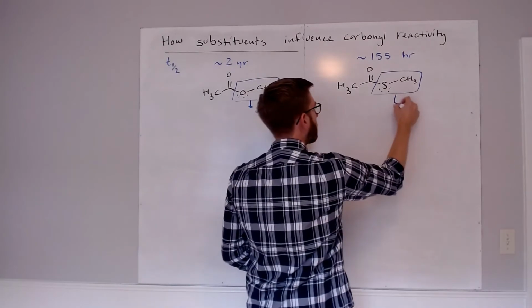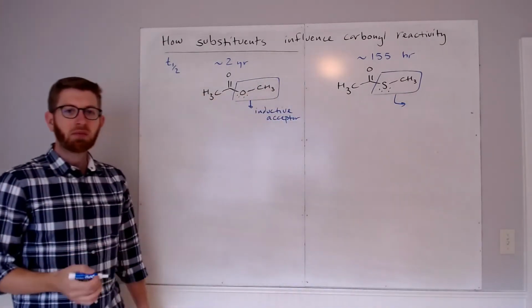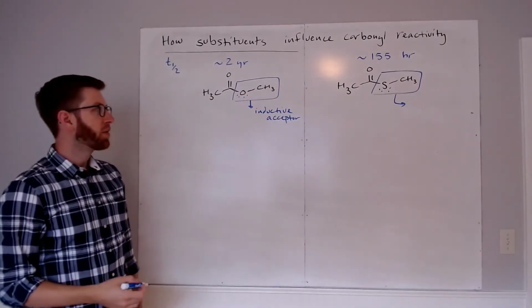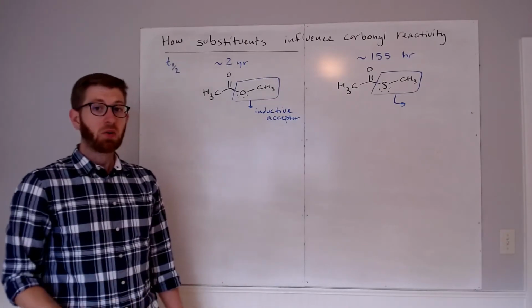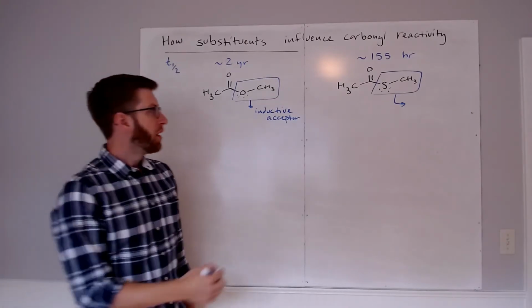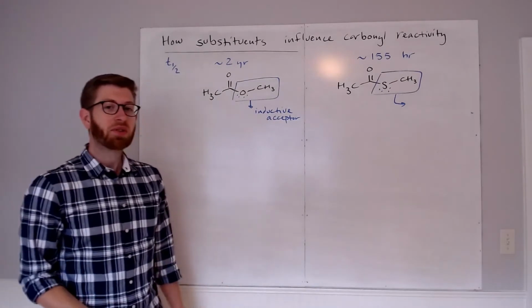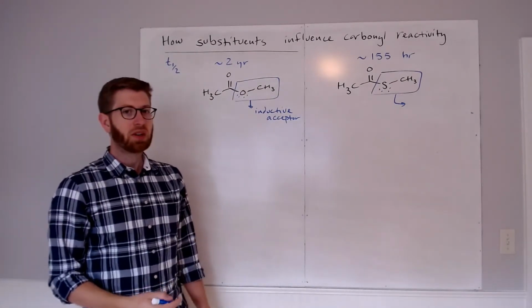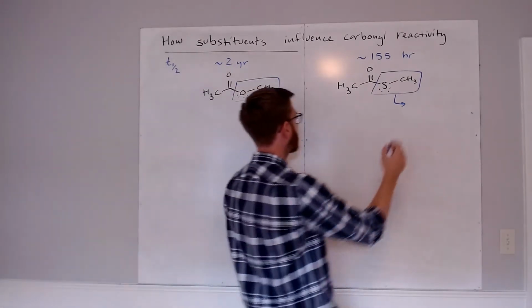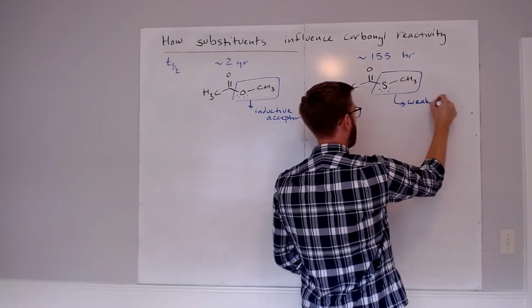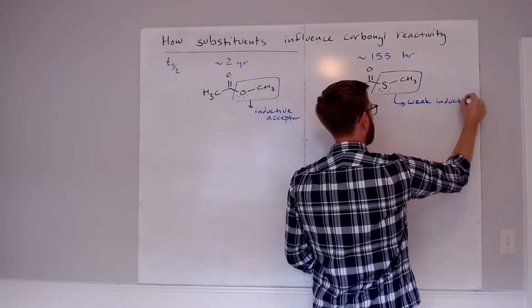We know that sulfur is slightly more electronegative than carbon, so the sulfur group would be a very weak inductive acceptor. It's kind of shocking how similar sulfur and carbon are in terms of electronegativity, so this is a vanishingly small effect. So I'll say a weak inductive acceptor.